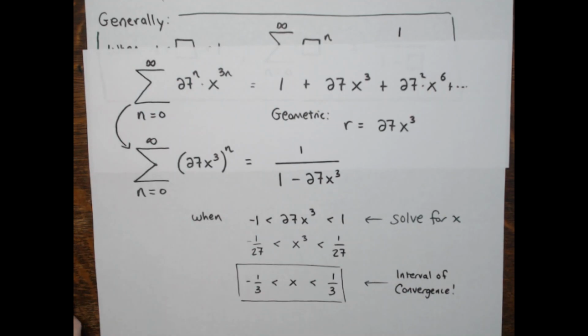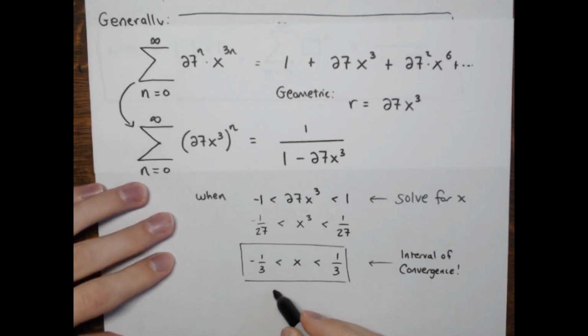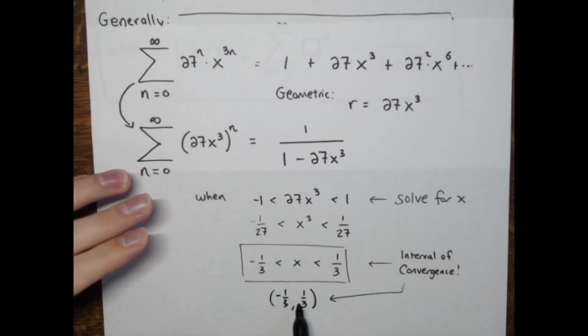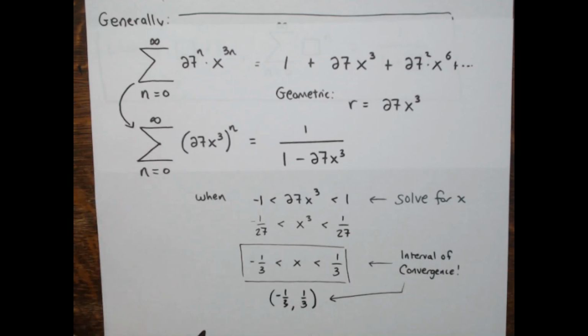The common ratio needs to be between negative 1 and positive 1 for a geometric series to converge. Now they do want this in interval notation, so I'm going from negative 1/3 to positive 1/3, and I would put parentheses on both ends to indicate that x can't be negative 1/3 or positive 1/3 for it to be convergent.